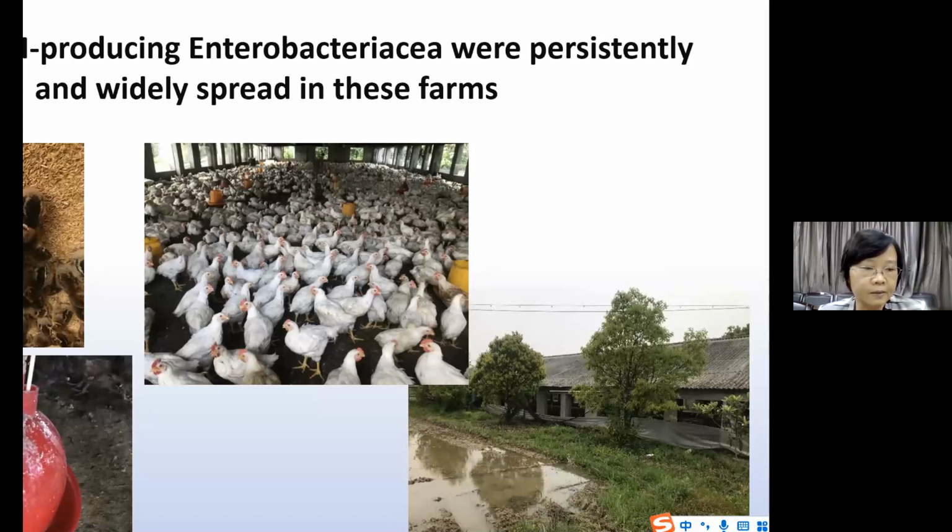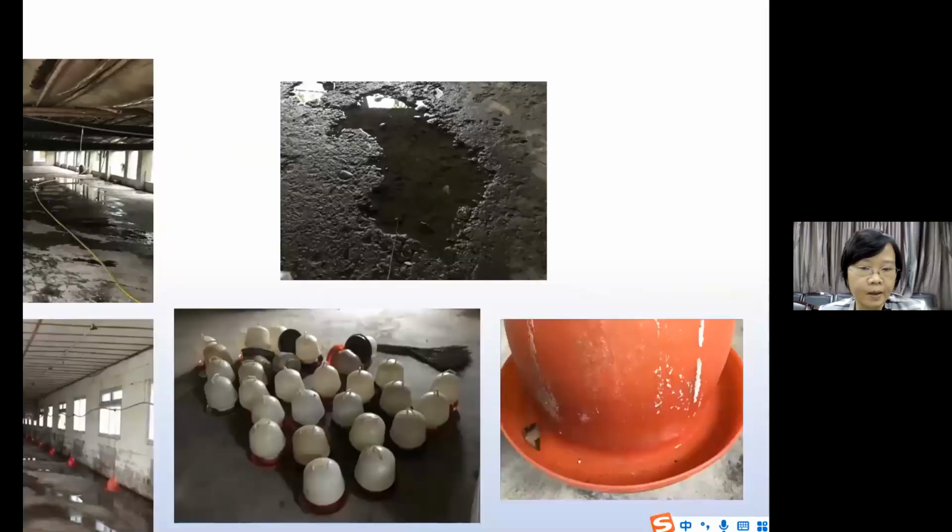These farms are very crude, and they keep the chickens on the floor and don't change the bedding, so there is pollution of bedding and drinking water, which is a very important means of dissemination. And the sewage water is discharged to the farmland around it, and then these resistant bacteria could spread.